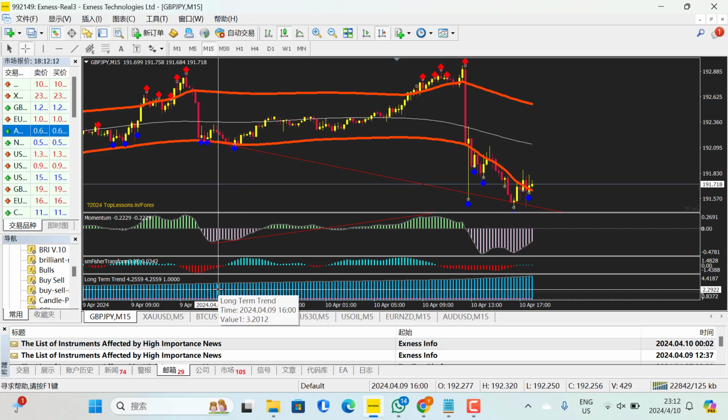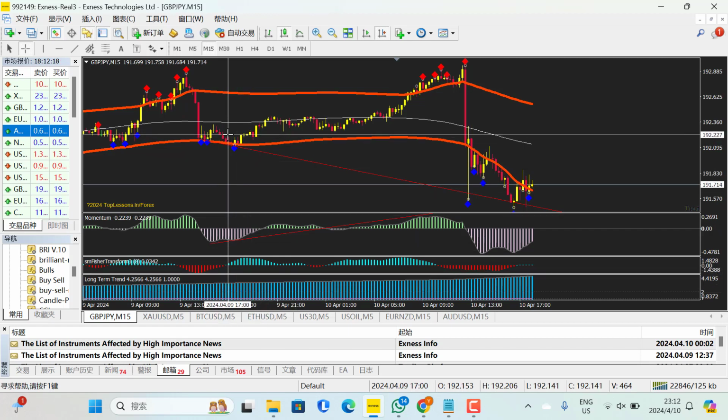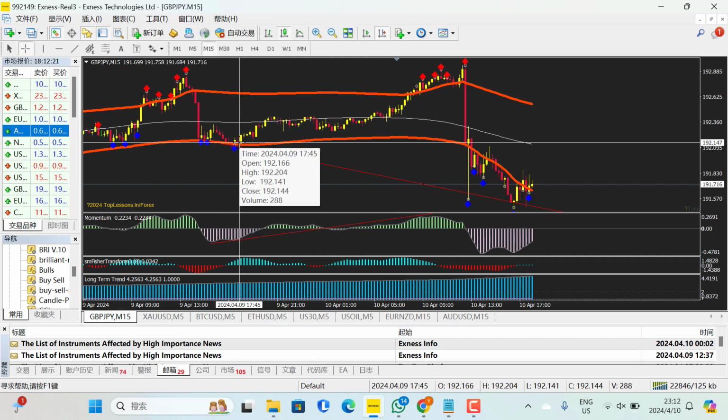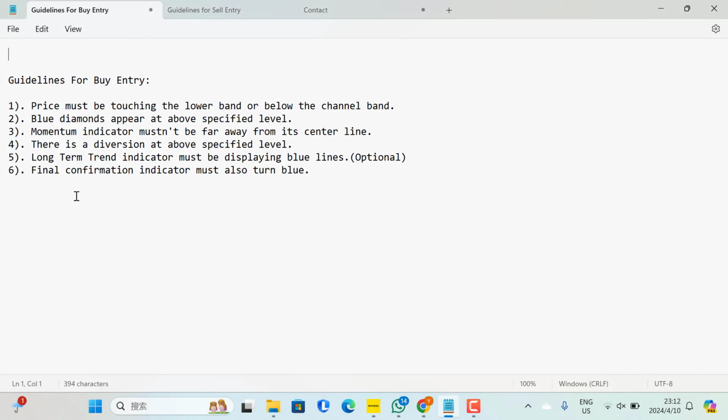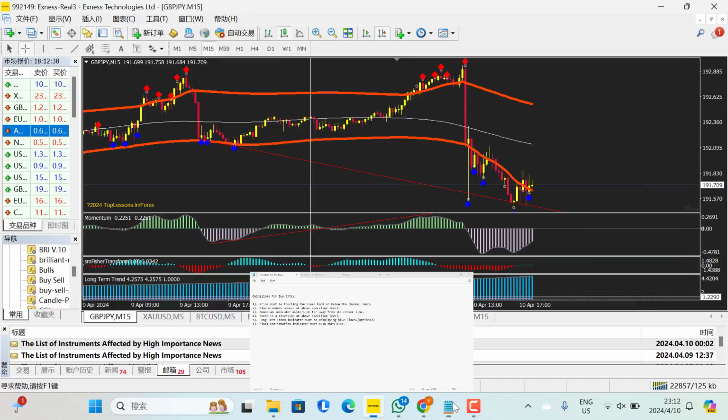So on the 4 hour, price is moving in a bullish trend, and taking a buy position from here means we are taking entry with the trend. It is a very safe entry, and for anyone who wants to take entry with the trend, this is a really powerful indicator.